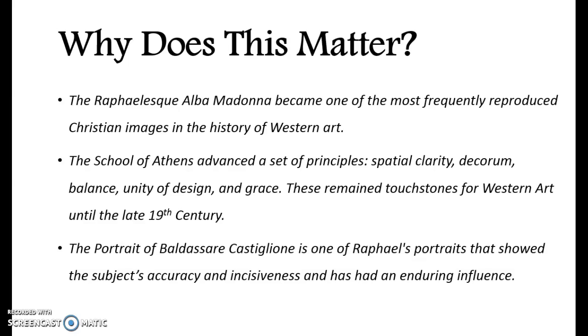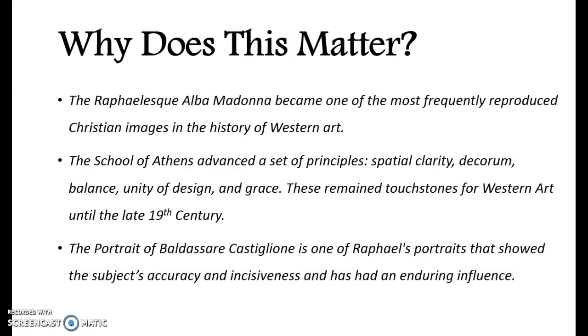Why does this matter, you can ask? The Raphaelesque Alba Madonna became one of the most frequently reproduced Christian images in the history of Western art. I've gone to multiple Sunday schools and churches, and you can still see it always being reproduced nowadays. The School of Athens advanced a set of principles: spatial clarity, decorum, balance, unity of design, and grace.